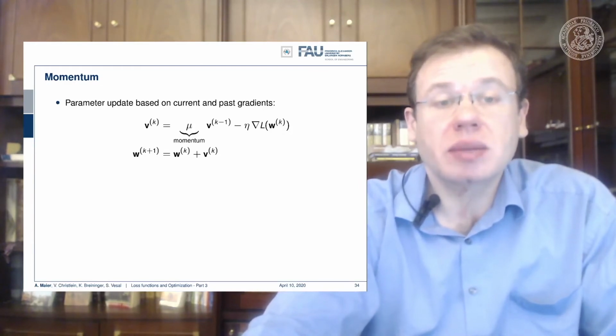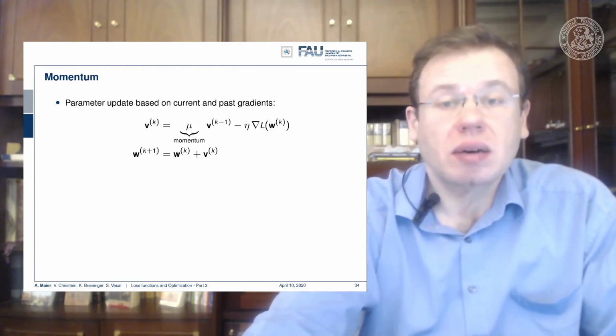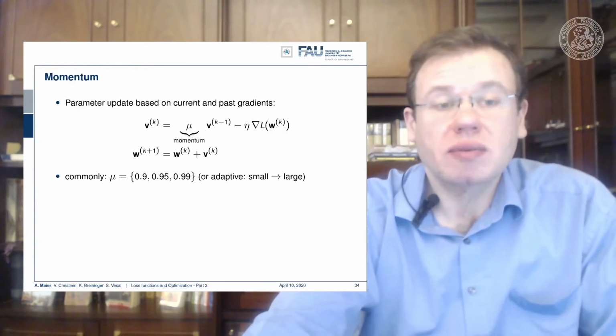Then you pick the momentum term to perform the update, and not just the gradient direction. Typical choices for mu are 0.9, 0.95, 0.99, or you even adapt them from small to large, so you want them to put more emphasis on the previous gradient directions.